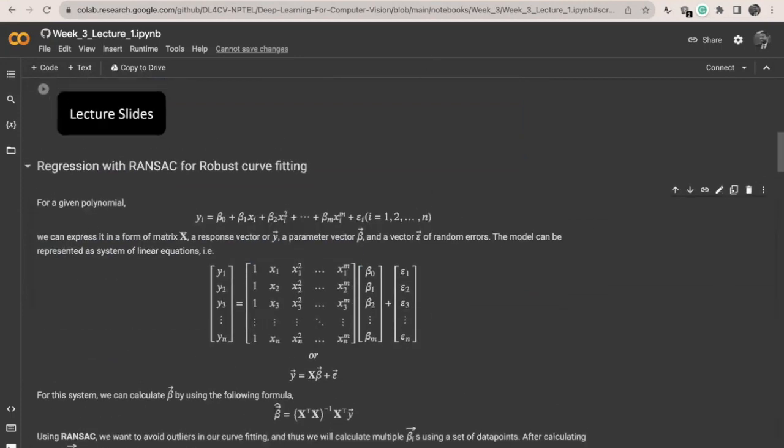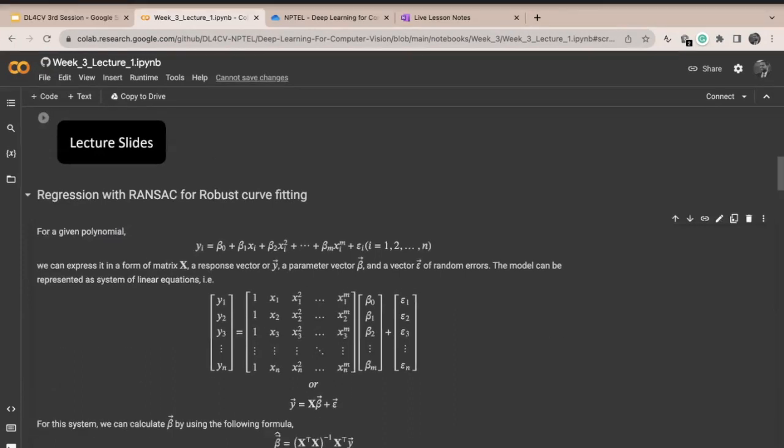We'll do regression with RANSAC for robust curve fitting. If you recall, in our session we first started to solve the problem of feature matching using regression, where two identical features from the image would be plotted, and that plot is used to fit a curve.